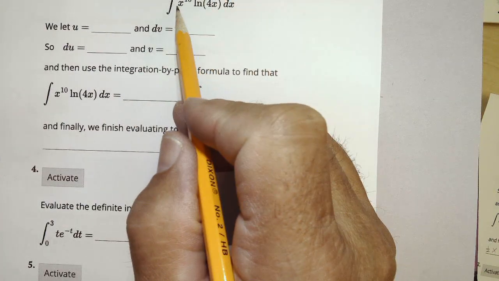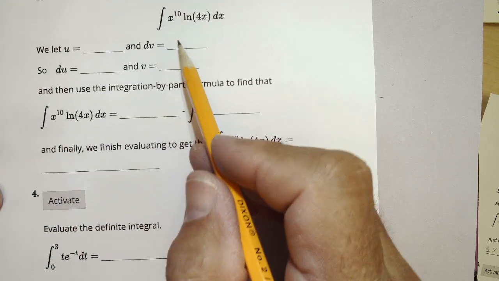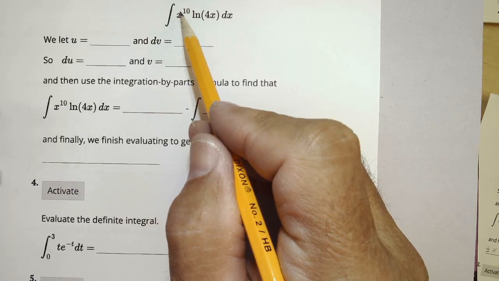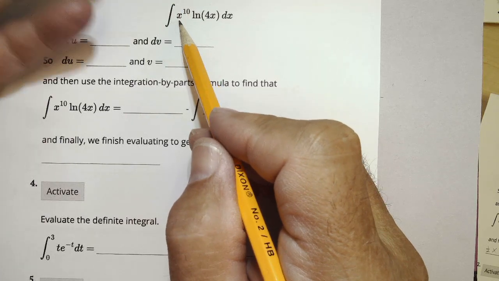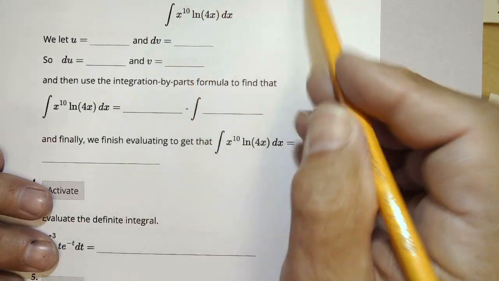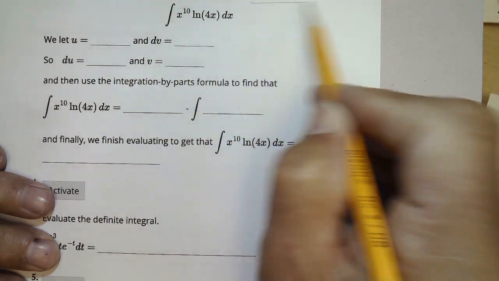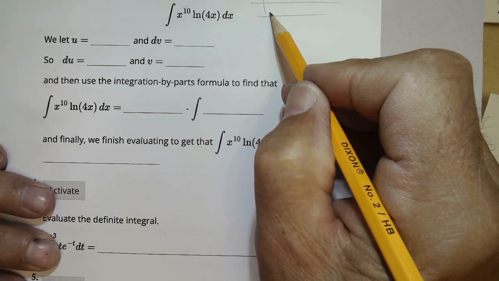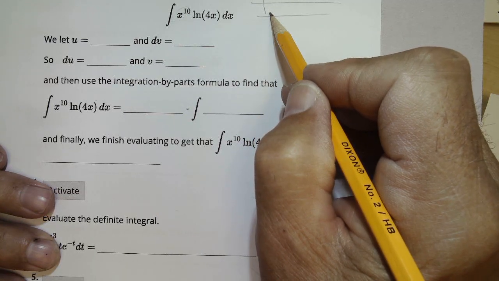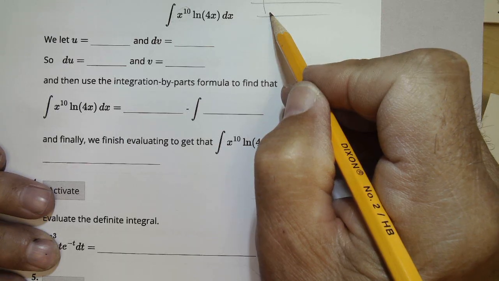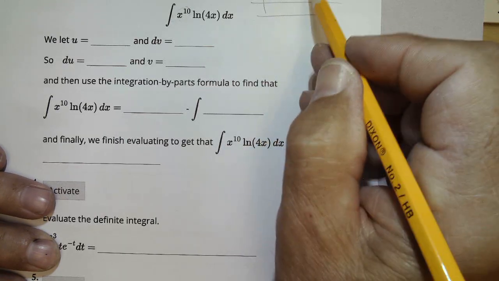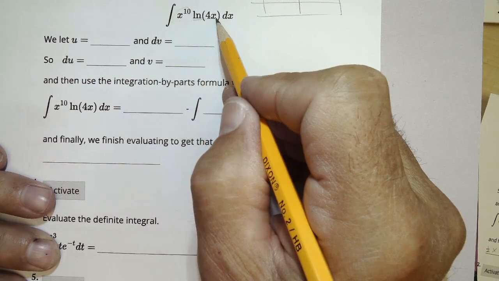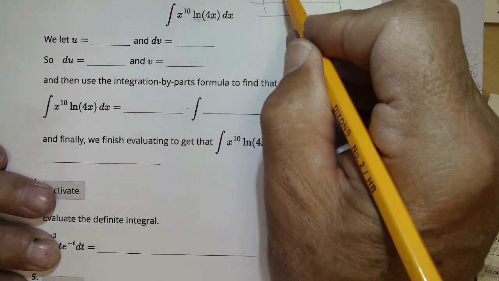So here, just looking at it to start with, you would think, oh man, I'm going to do integration by parts 10 times to go from x to the 10 to the 9 to the 8th, because this is what we usually let u be. And if I put x to the 10th there, it would go to 10x to the 9th in its derivative. Fortunately, it works out well to not do that, but to put that in for dv.